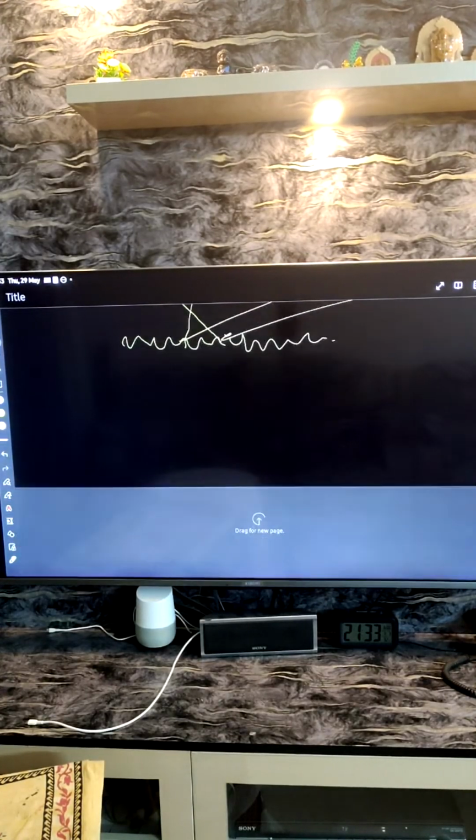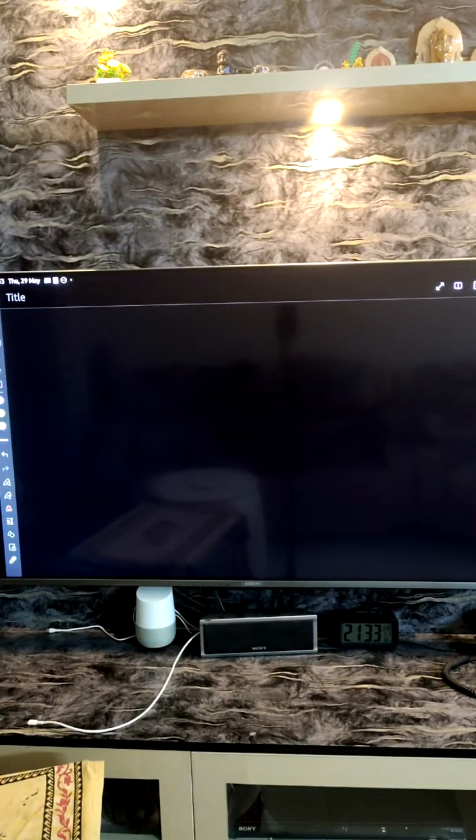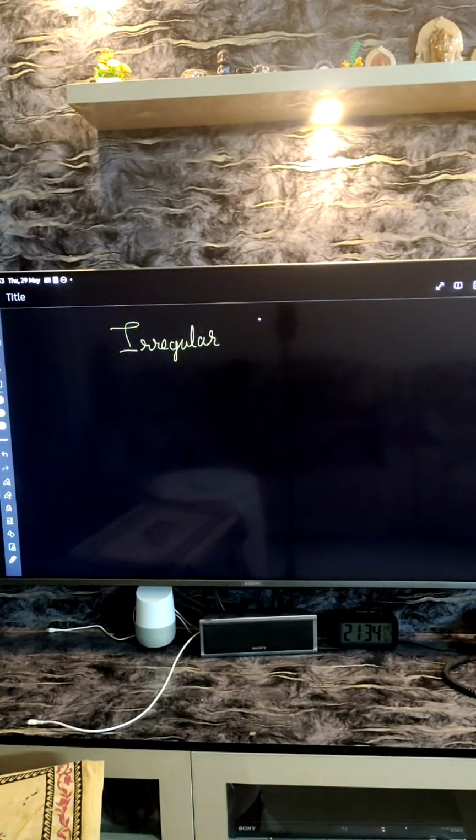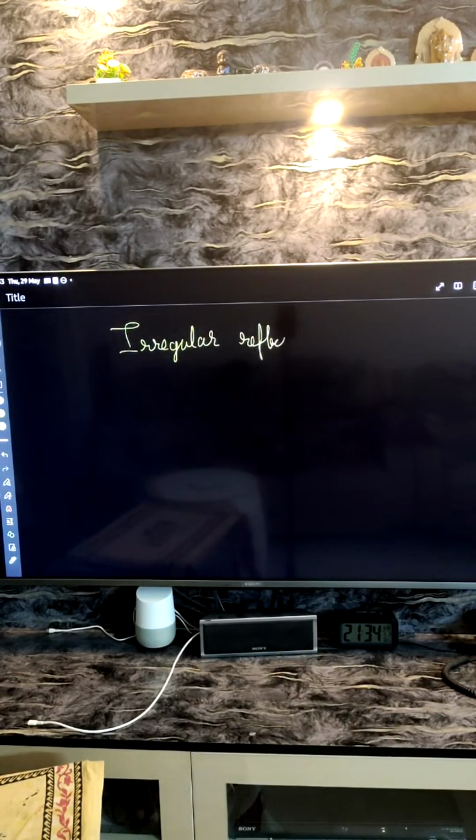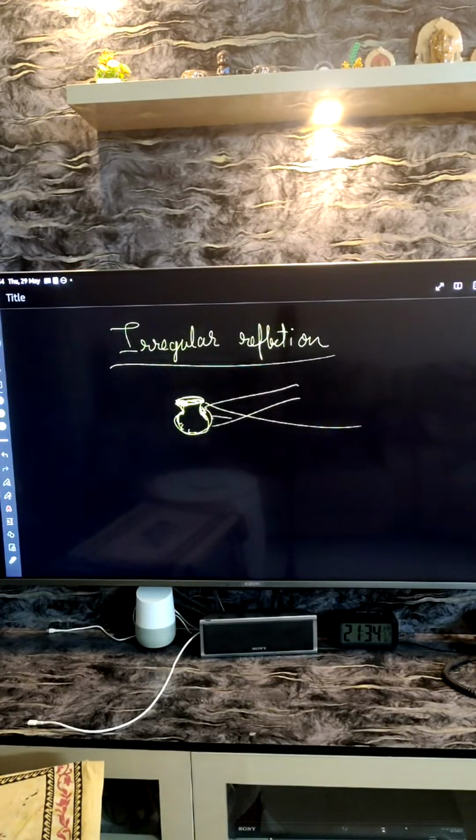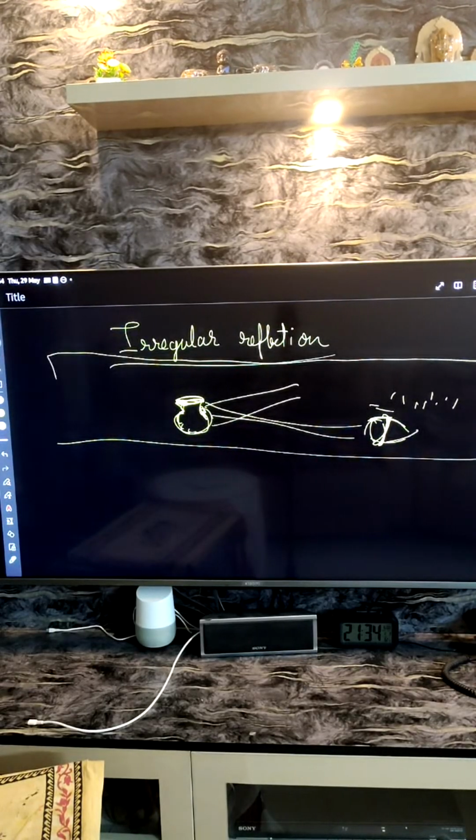This is also very important, because it's due to this irregular reflection of sunlight that we're able to see many of the objects around us. When sunlight falls on an object, it gets irregularly reflected and we're able to see it even though our room does not get sunlight properly.